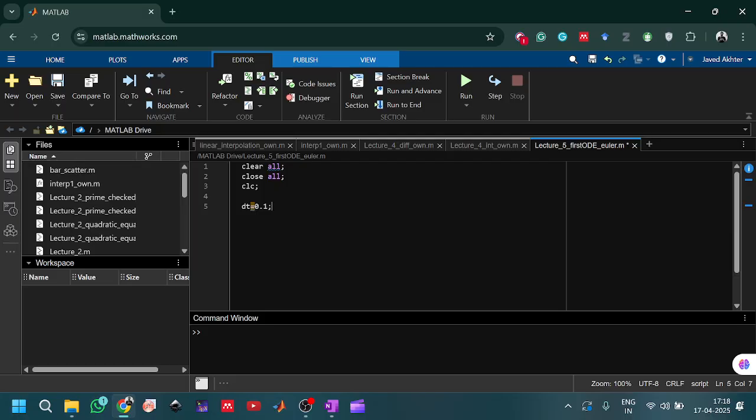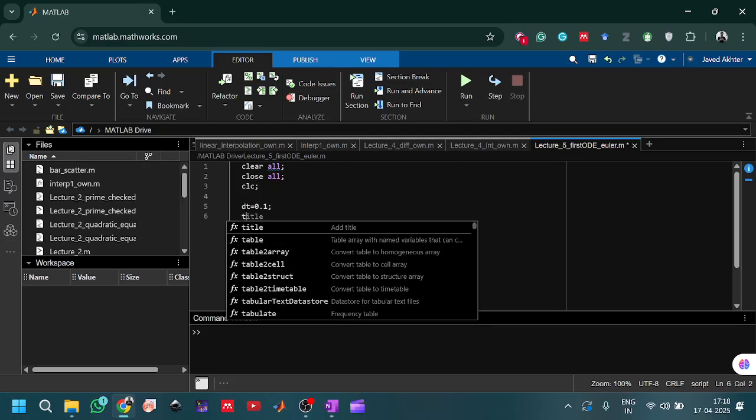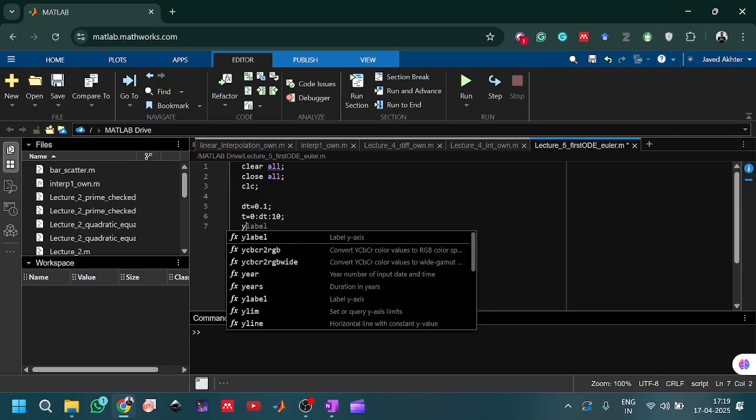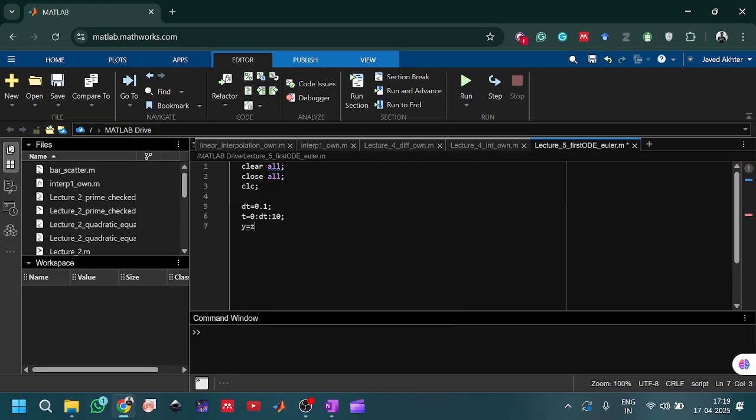Let me take it for now, and then we will have the time array, whose starting point is 0, then the time step, and we will go up to, for example, 10. So these are the time array. Then I want a y array which should be of the length of the time array. I can write it this way: zeros, 1, size of t.